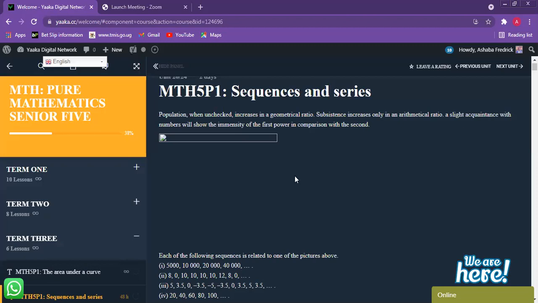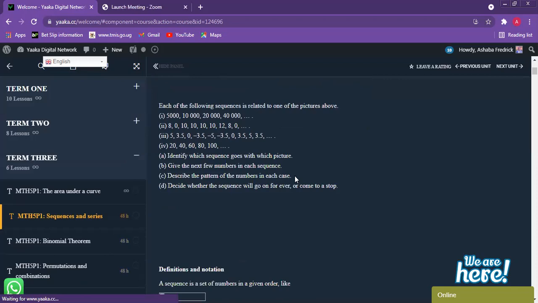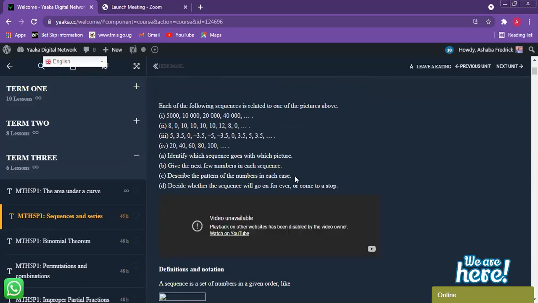So with sequences and series, we majorly build on the knowledge we get in primary of adding what numbers follow next to a certain sequence.